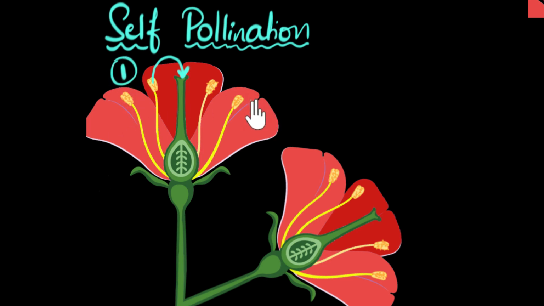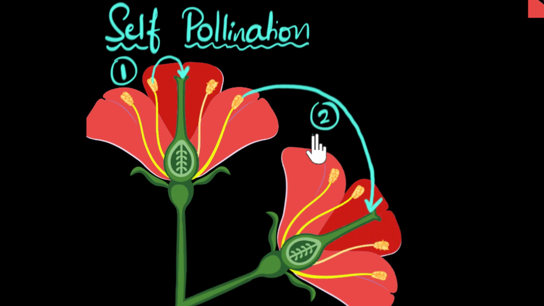But even if pollen grains are transferred from the anther to the stigma of a different flower belonging to the same plant, I'll call this number 2, this is also self-pollination. Why? Because the pollen grains are still being transferred within the same plant. The plant is still pollinating itself. That's the whole idea behind self-pollination.